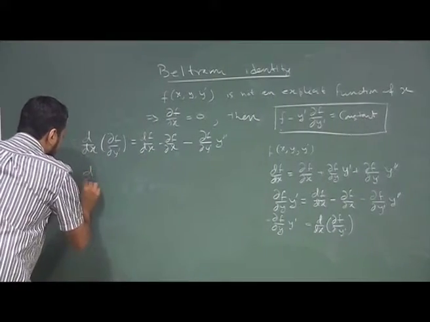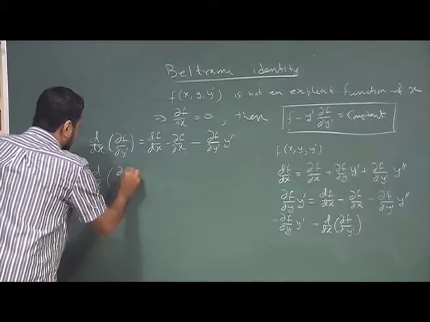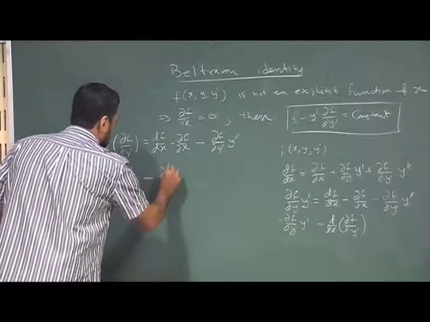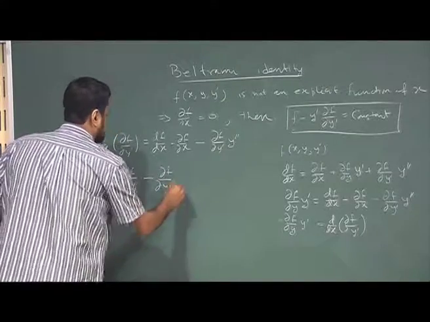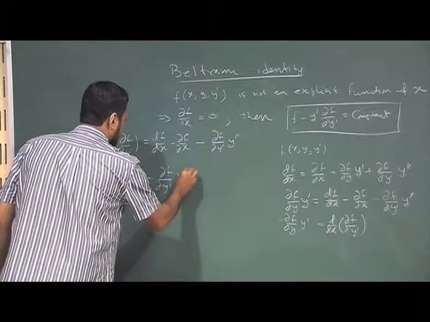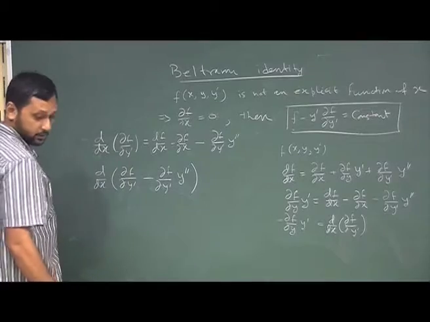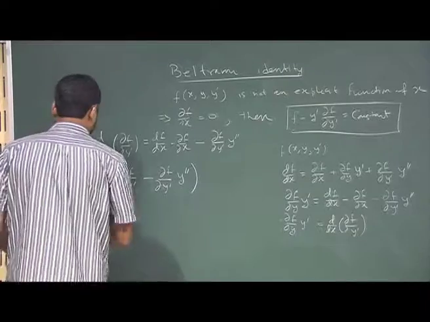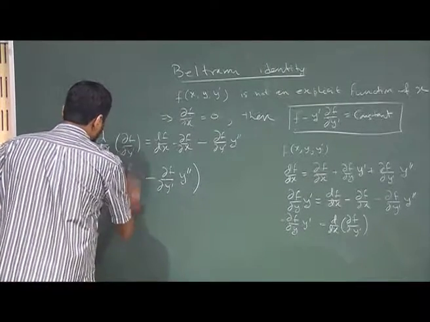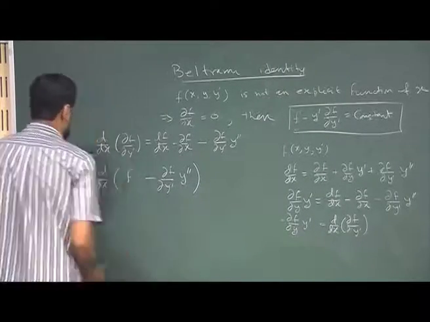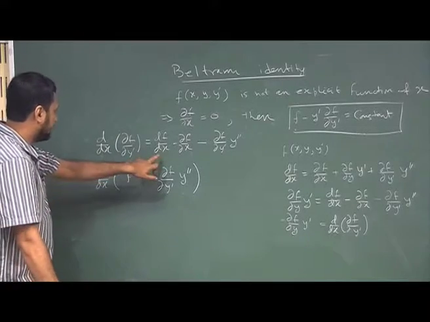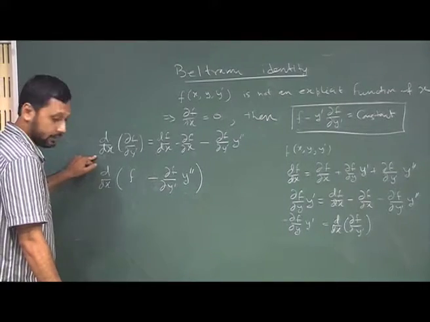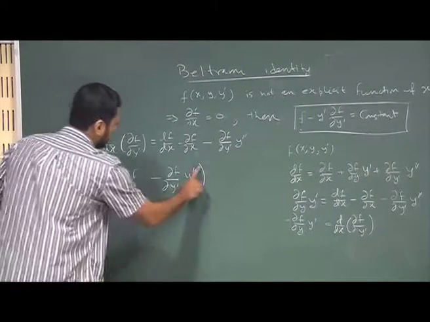With a little bit of modification, this can be written as, sorry, I do not remember this by heart, but it is not very difficult anyway. Y double prime times this f minus this, and it will be y prime.